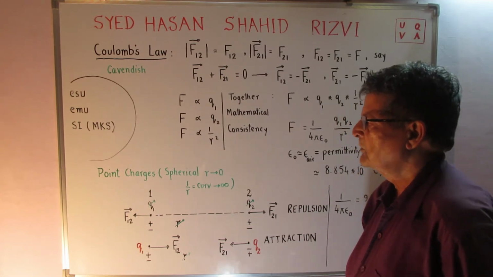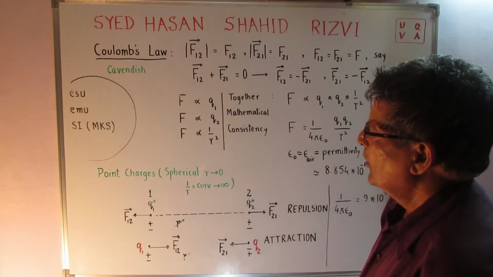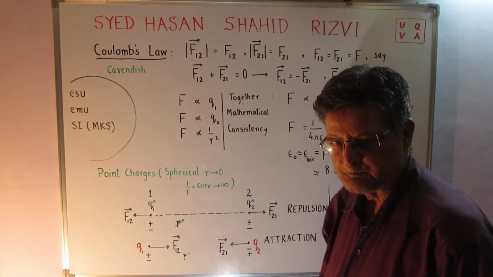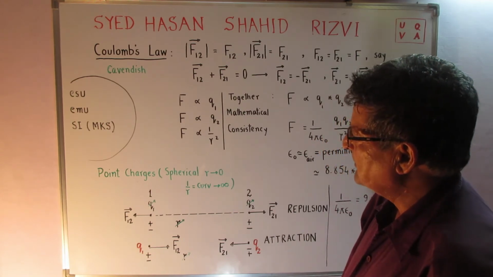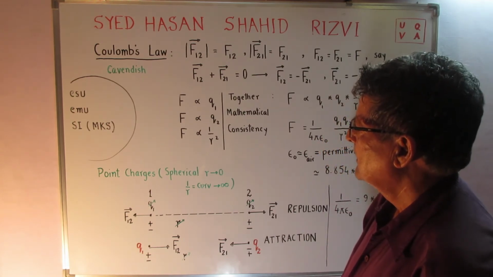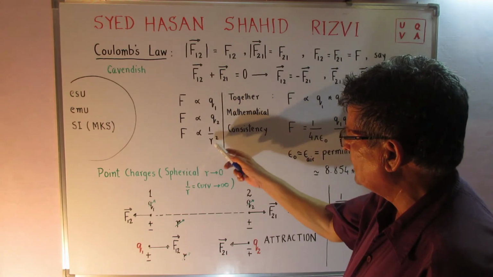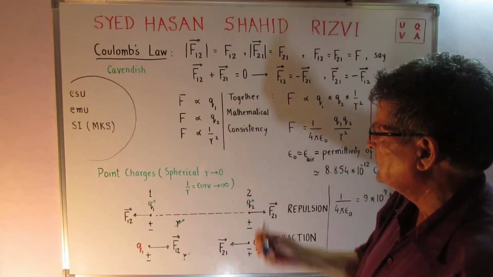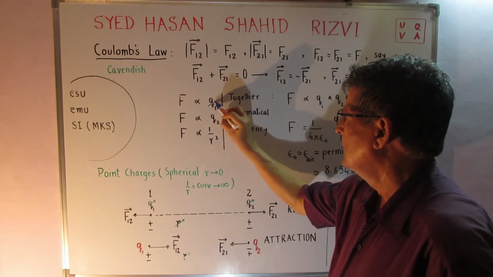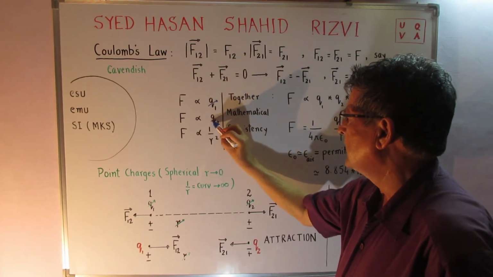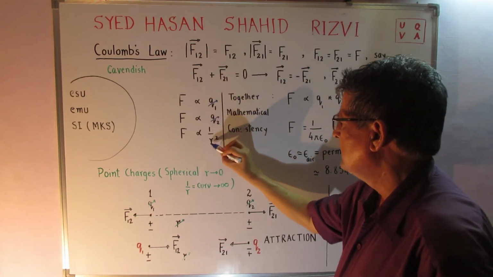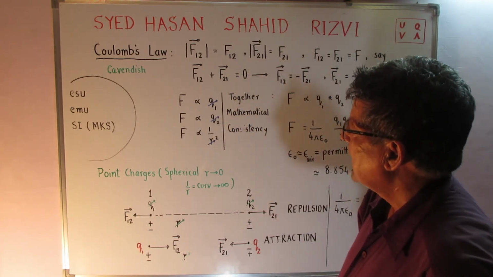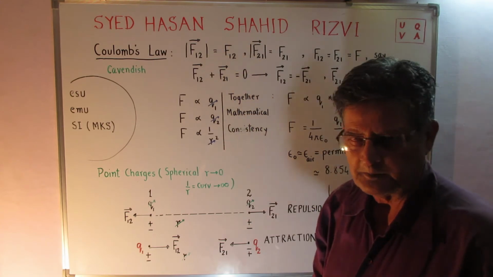No problem. Now, the massive experiments that were carried out by Mr. Coulomb established naturally, by keeping two of these variables constant, and the variables are Q1, Q2, R, and of course F is also a variable.